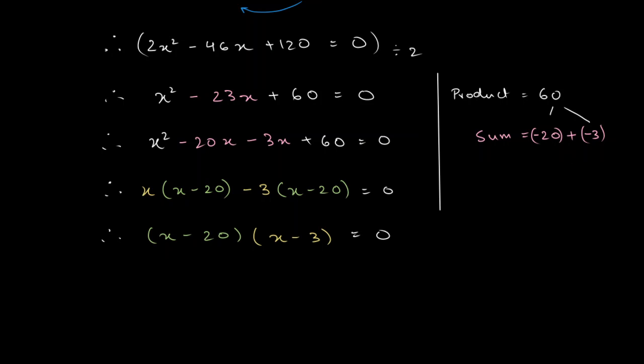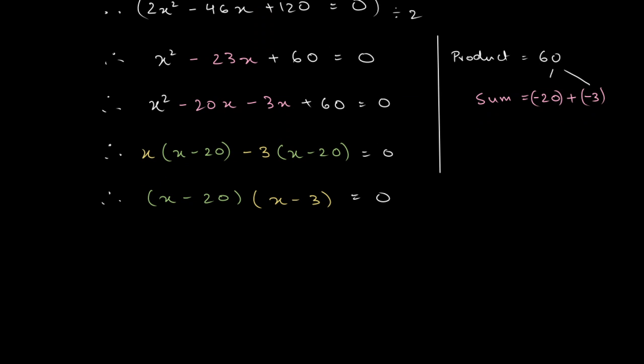So at long last we've come to the zero product rule. When two terms multiplied give me 0, either the first term, I could say x minus 20 is equal to 0, or I can say x minus 3 is equal to 0.